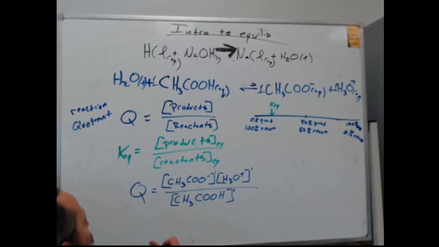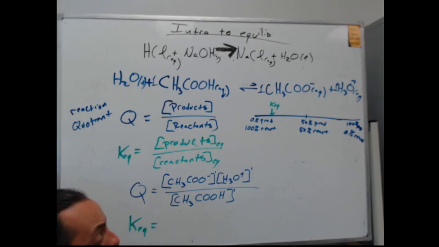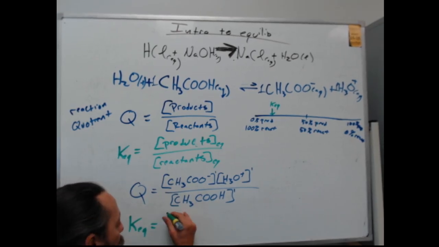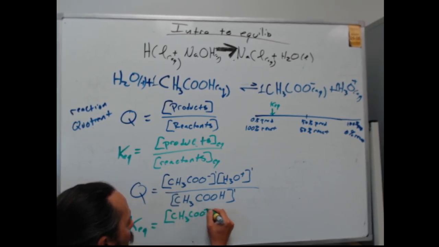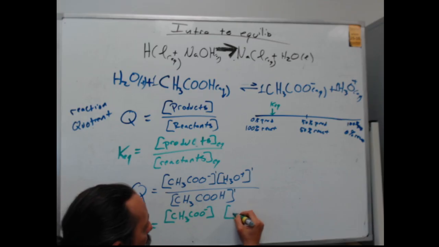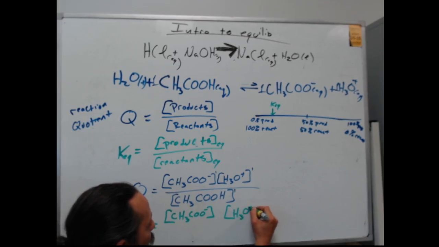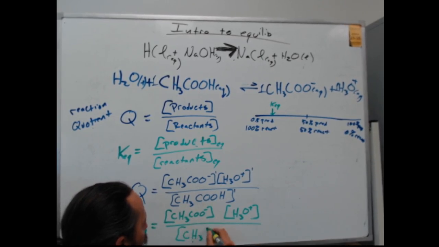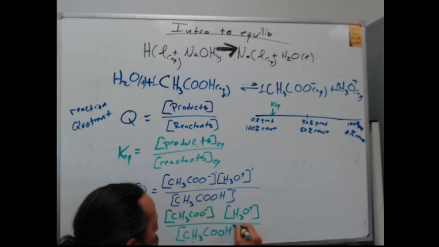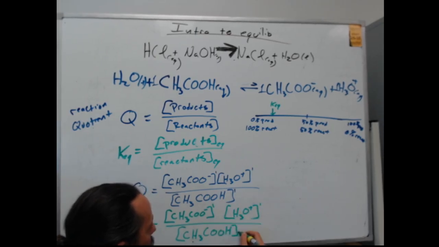Similarly, I can write down an equilibrium expression for this that's going to look exactly the same except for one important difference. CH3COO minus, H3O plus, divided by CH3COOH, all to the 1s again.